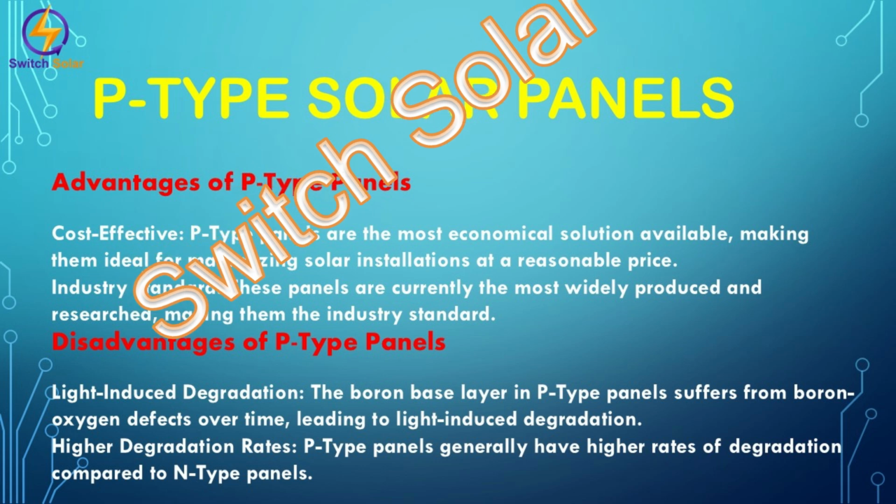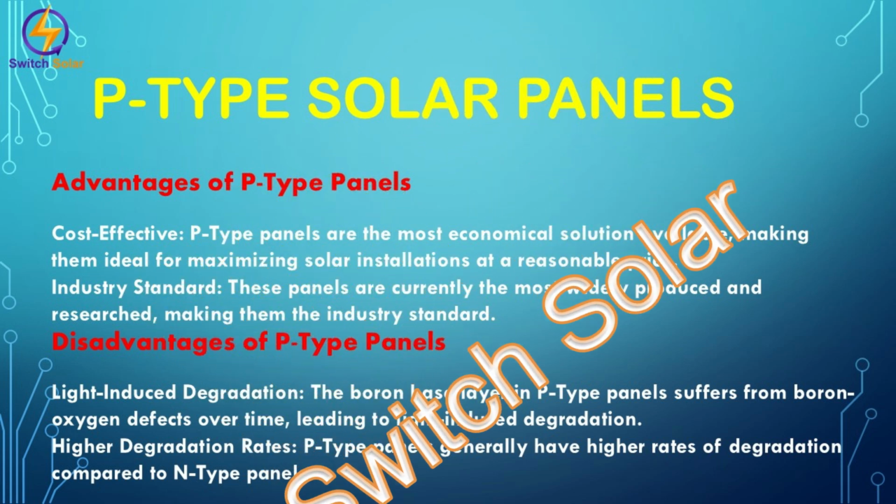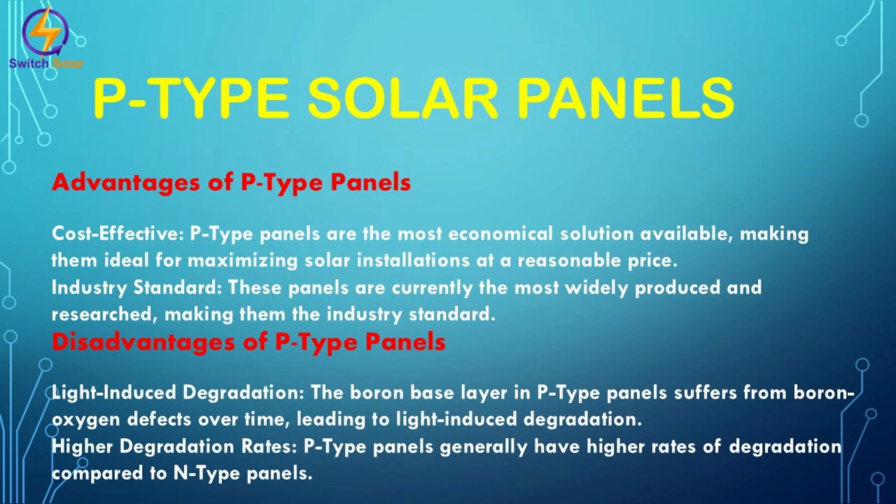Disadvantages of P-type panels. Light-induced degradation: the boron base layer in P-type panels suffers from boron-oxygen defects over time, leading to light-induced degradation. Higher degradation rates: P-type panels generally have higher rates of degradation compared to N-type panels.